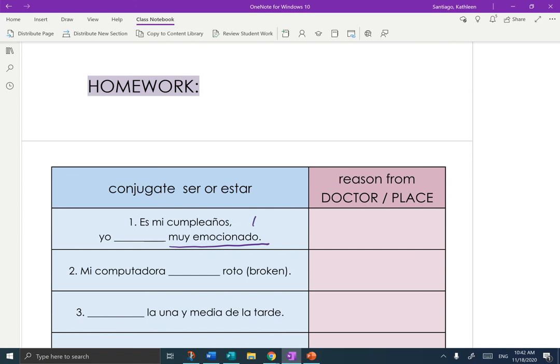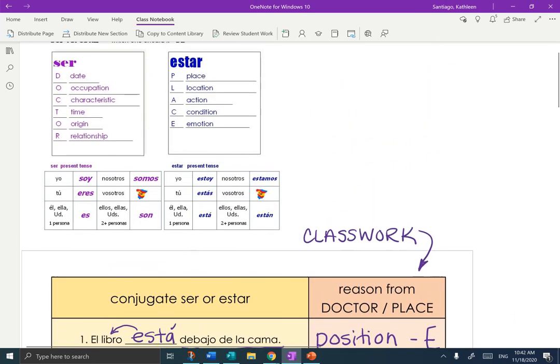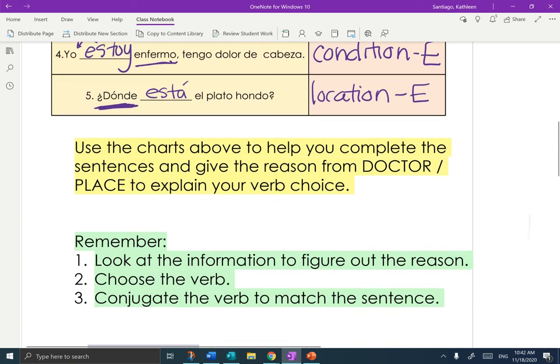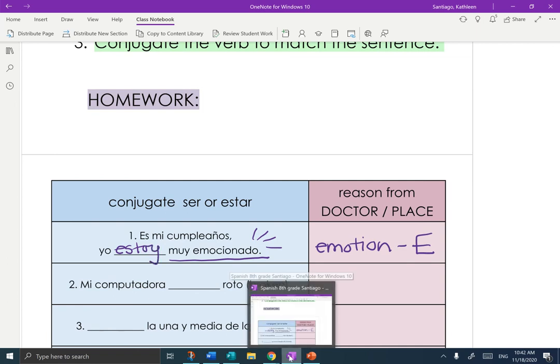It actually means excited. So emocionado, I have to go all the way up, and an emotion is from the verb estar. So I'm going to write emotion, write an E for estar, and now conjugate. What's the yo form of estar? Go back up to the chart as needed. It would be yo estoy muy emocionada.